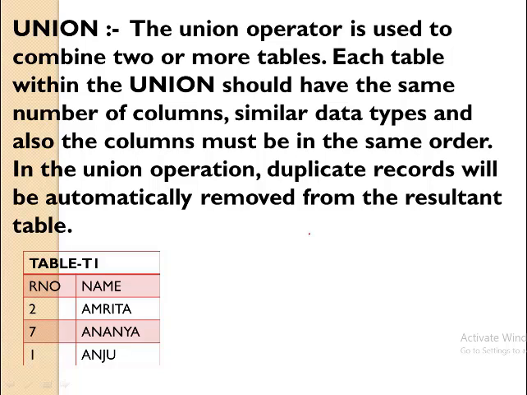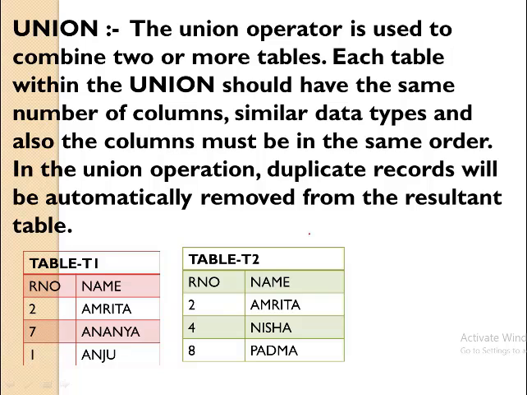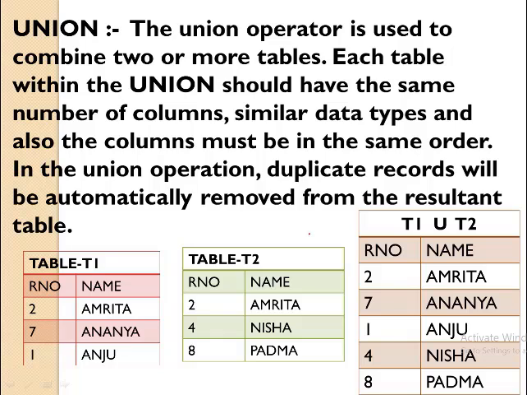So this is table 1, T1, and table T2. Then the union operation, that is T1 union T2, union symbol, the result will be the records from both the tables, that is roll number 2, 7, 1 details from table 1 and roll number 2, 4, 8 details from table 2, but roll number 2 is present in both the tables, but in the final table it will be displayed only once.